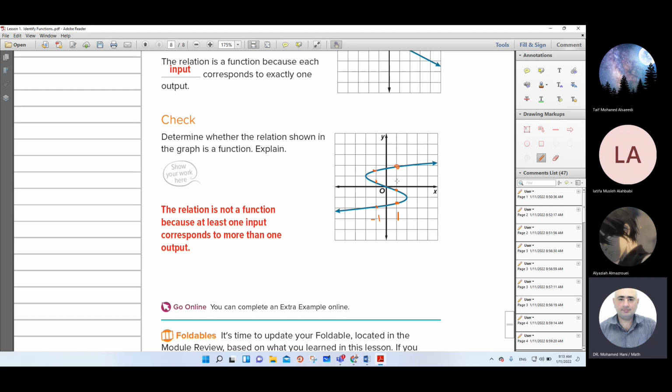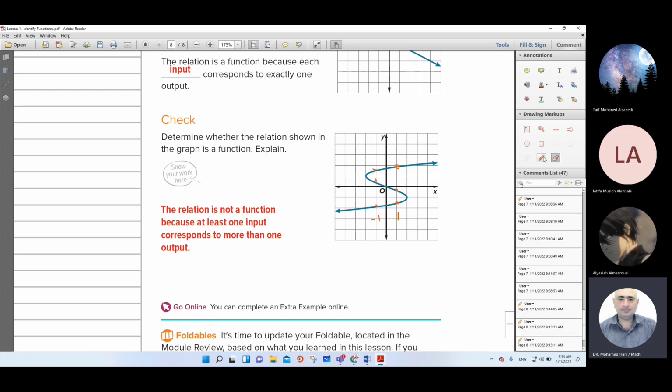So as you see, this point has x equal to 1. This is 1 in x. And this point and this point and this point have -1 in x. As you see here, we have this point about 1 and -1.75.